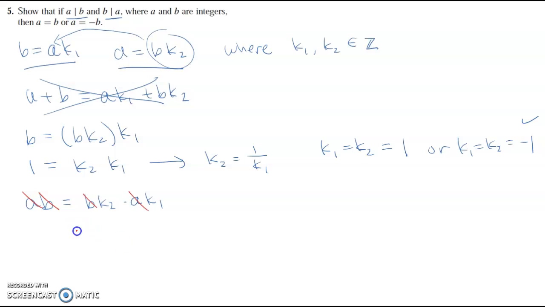We get to the same solution, where 1 equals K2 times K1. So again K1 and K2 either have to be 1 or have to be negative 1.